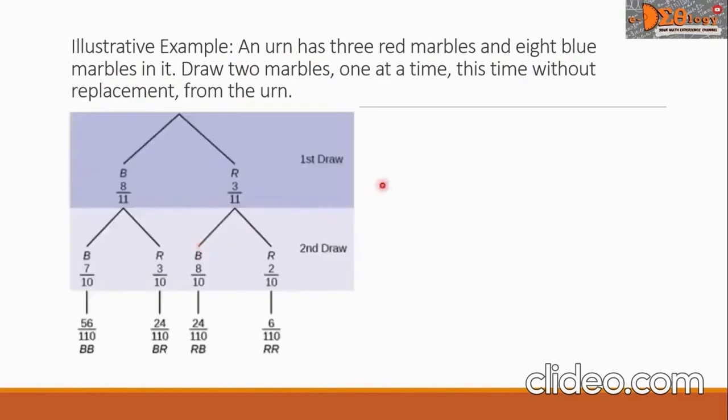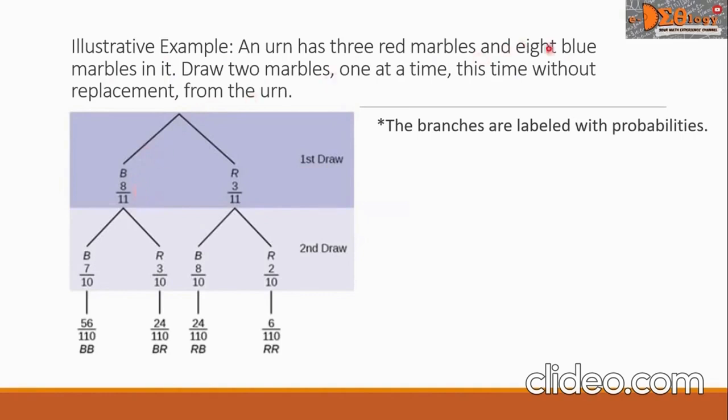Here is the example of our tree diagram. We can see here that the branches are labeled with probabilities. This first level is the first draw of marble. The first branch here represents the probability of taking a blue marble. We can see here this is 8/11.